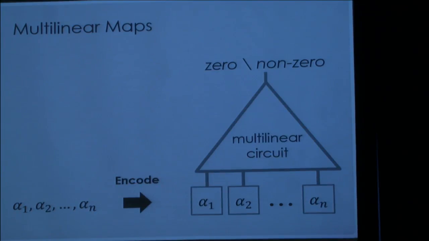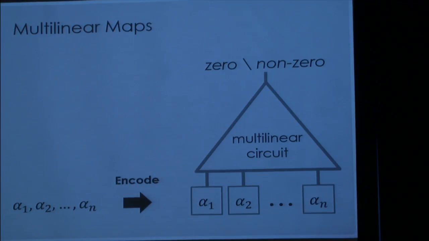You can't really test every circuit. The only circuits you can test are multilinear circuits, so the degree in each input variable should be 1. The actual circuits that are supported have a slightly more complicated structure, but for now you can think about them as multilinear. Later we're going to go into the details a bit more.